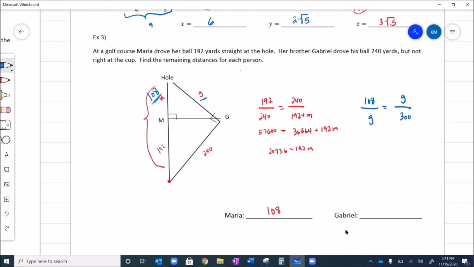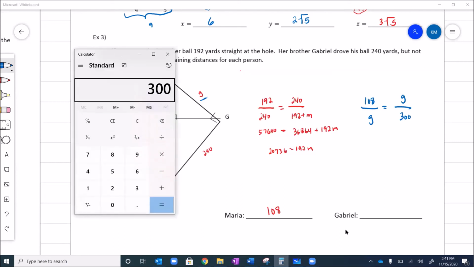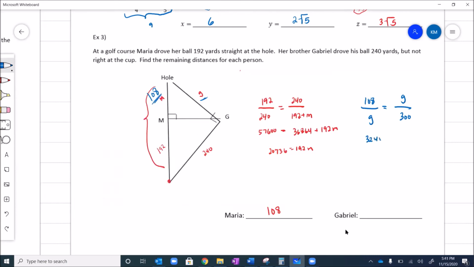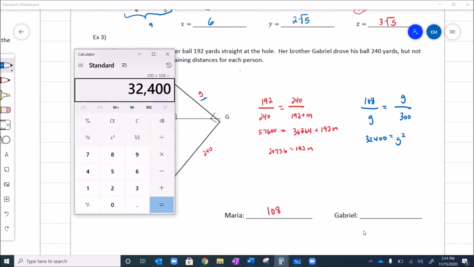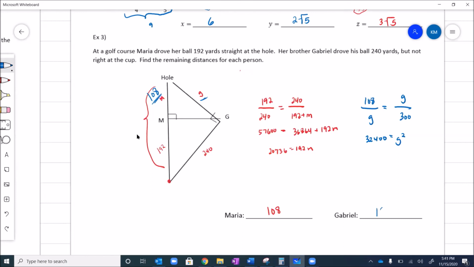So 300 times 108, 32,400 equals G squared. And I'm going to take the square root of that number. Square root, 180. All right. So Gabriel has 180 more yards to go.